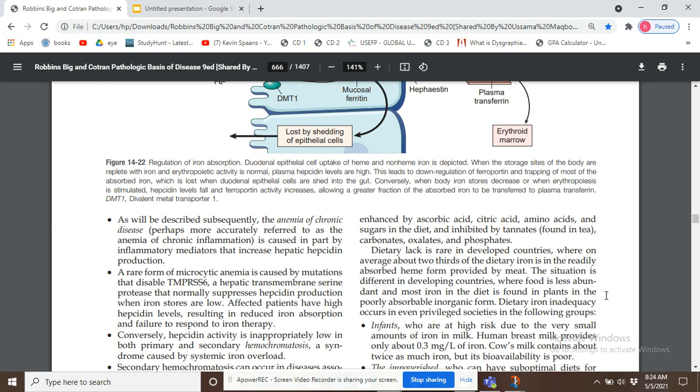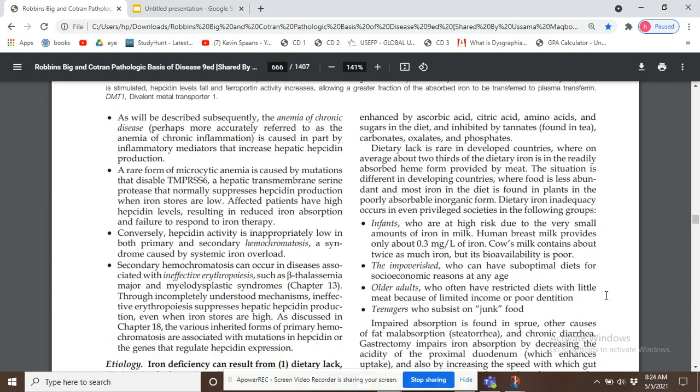Okay, so we have talked about this, that the majority of the cases of iron deficiency anemia are found in the developing countries, not in the developed countries, because most of the diet of the developed country is organic diet, meat. They take heme form of iron.